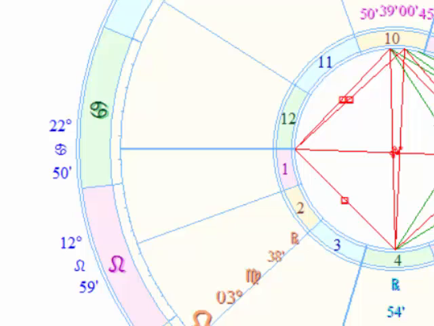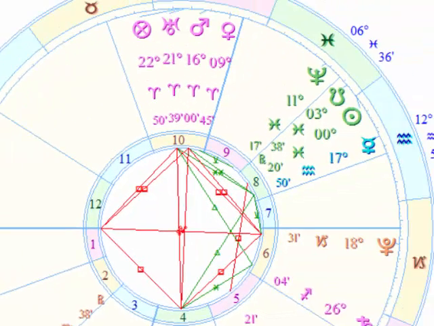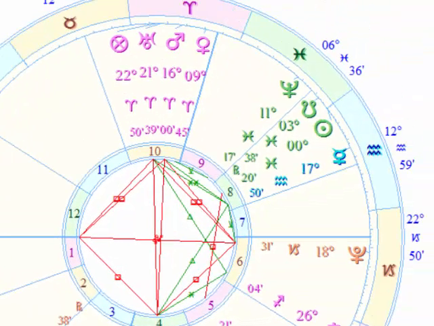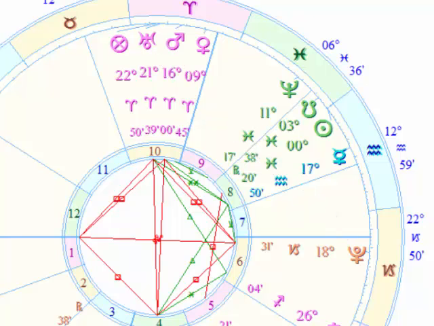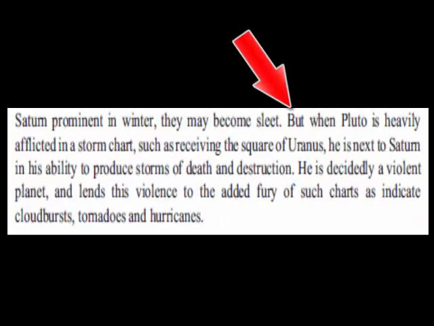Here is what C.C. Zain, the author of the Brotherhood of Light lessons, has to say about Pluto squaring Uranus in a storm chart. But when Pluto is heavily afflicted in a storm chart, such as receiving the square of Uranus, he is next to Saturn in his ability to produce storms of death and destruction.